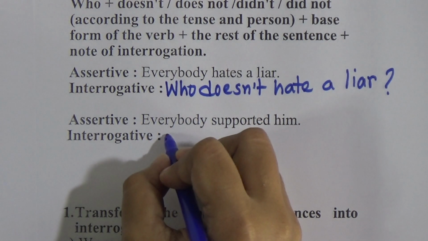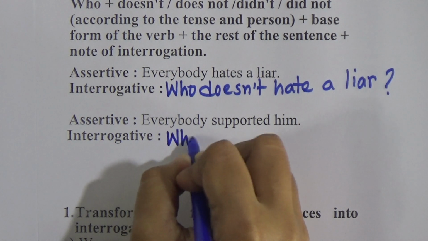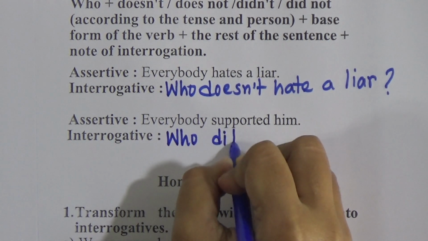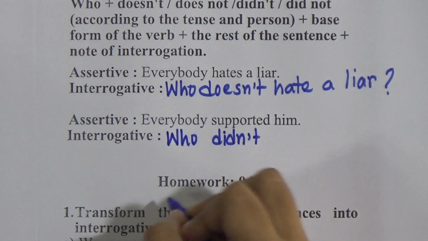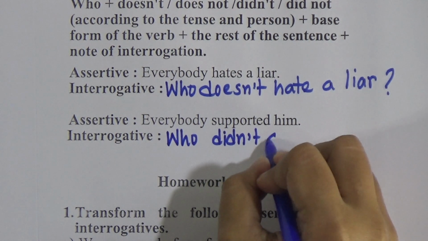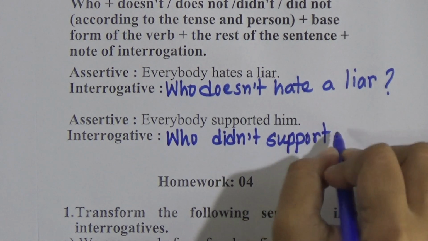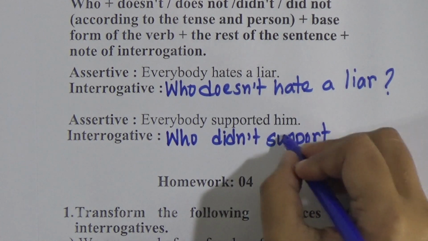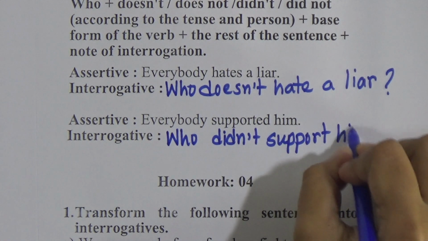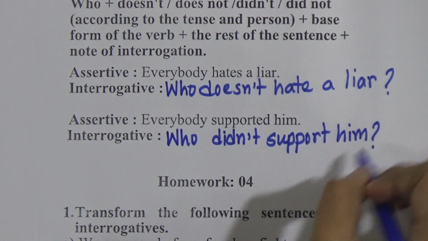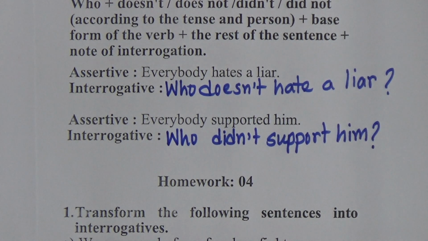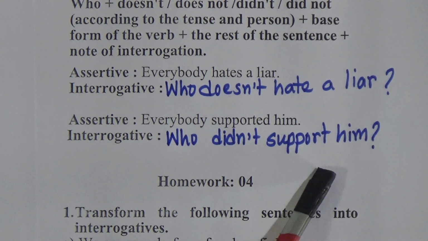Now look, who did not, but didn't. Who didn't. Now the base form of the verb, that means support. Who didn't support. Now the rest of the part of the sentence, him. Who didn't support him, and the note of interrogation. So, who didn't support him?